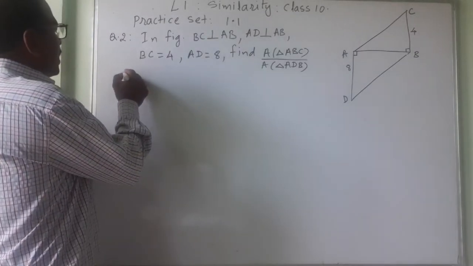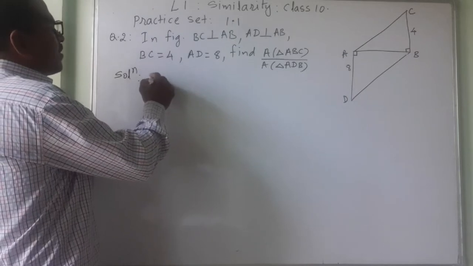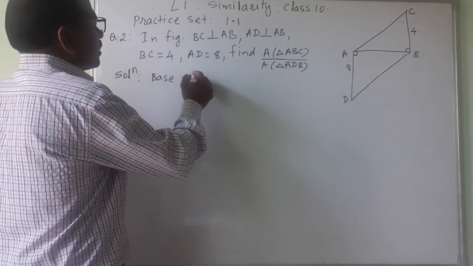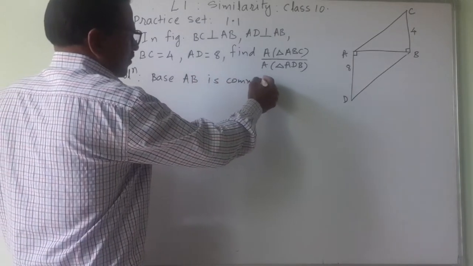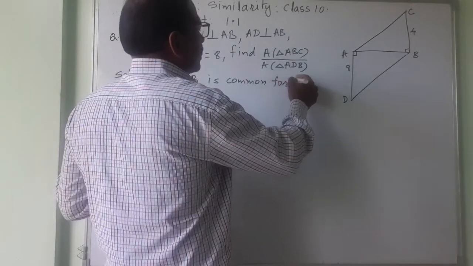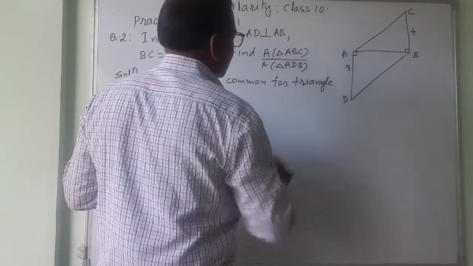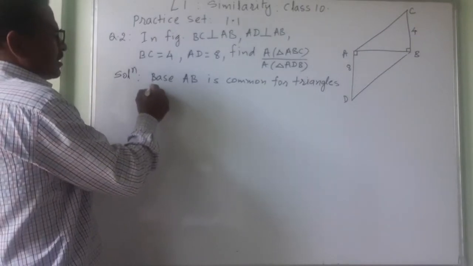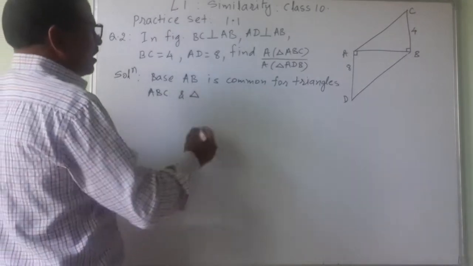So solution: base AB is common for triangles ABC and triangle ADB.